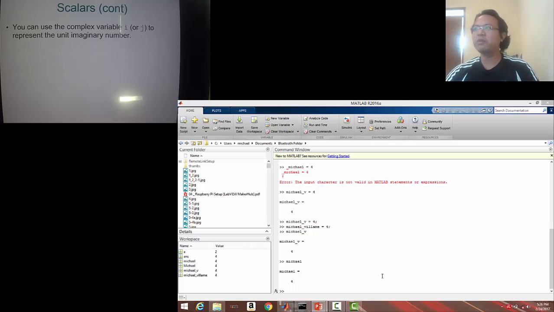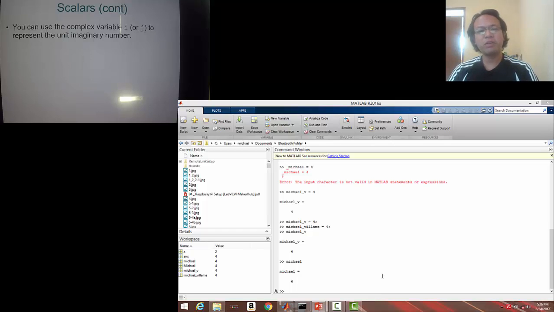Now you can use a complex variable i or j to represent the unit imaginary number. I will explain it in detail in the future slides. We can use i and j as variables actually, but most of the time it would be better to use them as the imaginary unit, because they are really devoted for that.